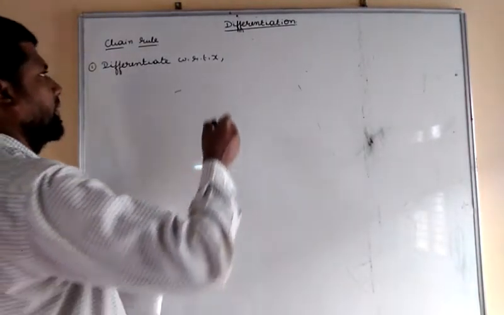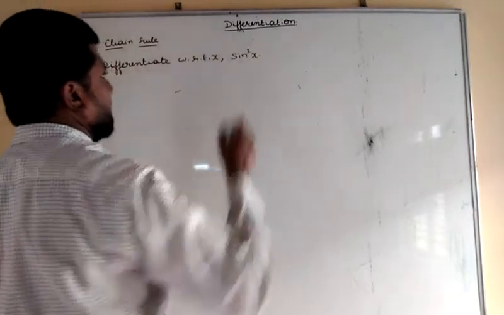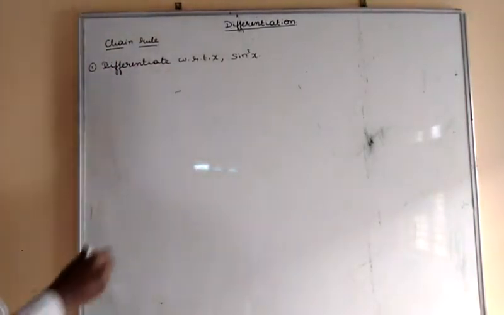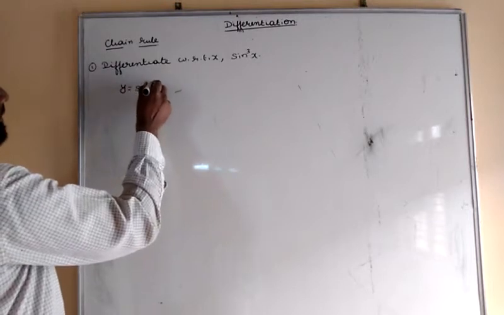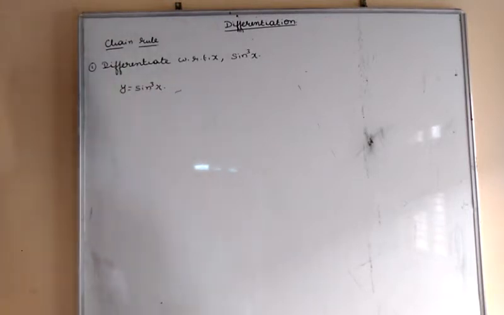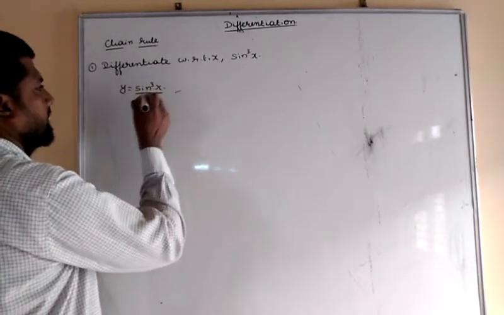So I am doing two methods here. Sine cube x. Let us take y is equal to sine cube x. So I will differentiate, considering sine x as an x, the direct method.